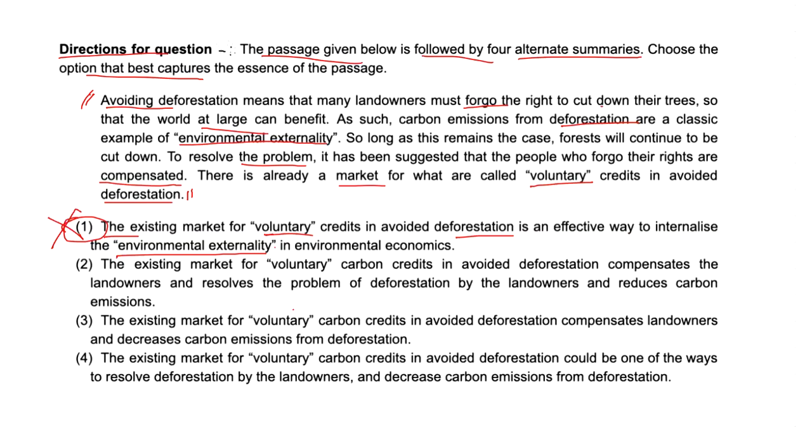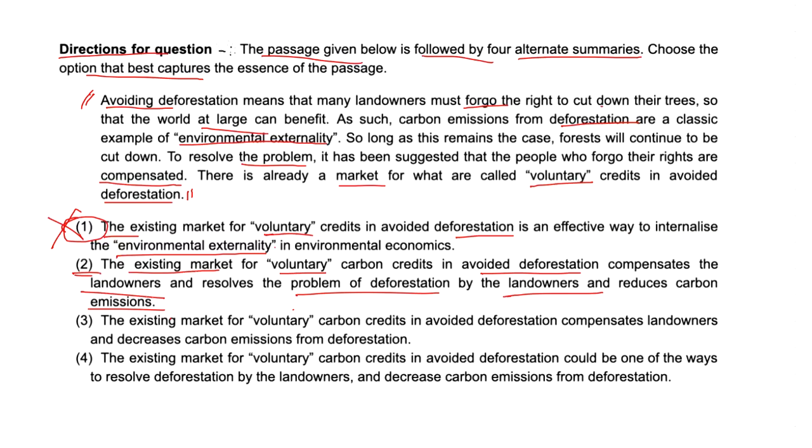Look into the second option. The second option says that the existing market for voluntary carbon credits in avoided deforestation compensates the landowners and resolves the problem of deforestation by the landowners and reduces carbon emissions. So this is overly categorical in its statements.